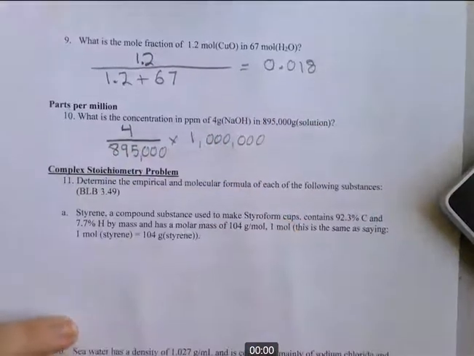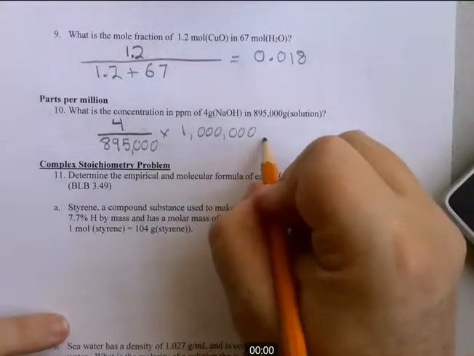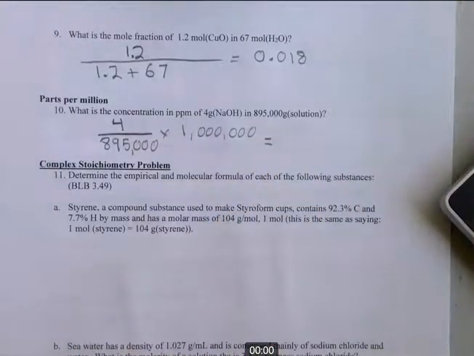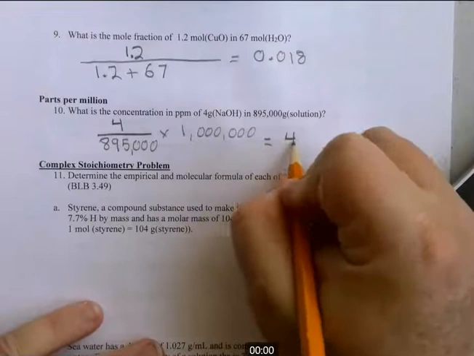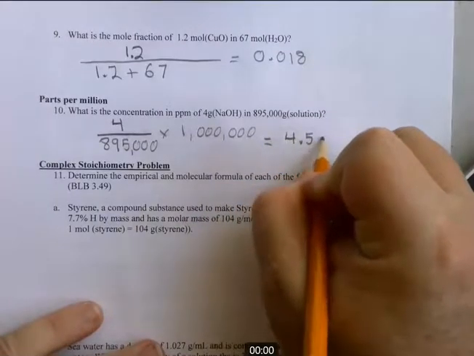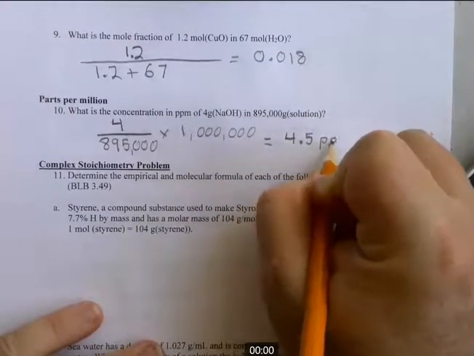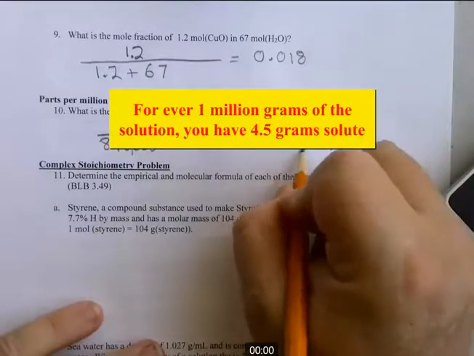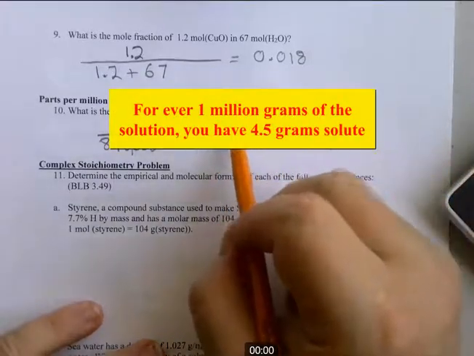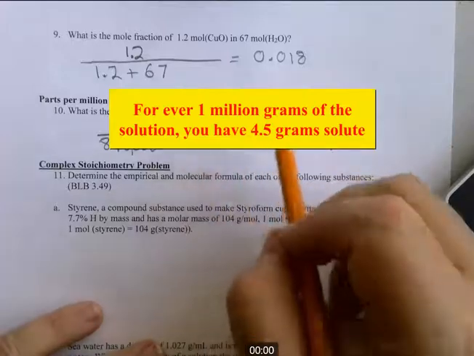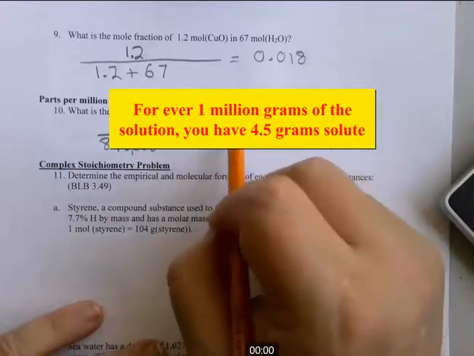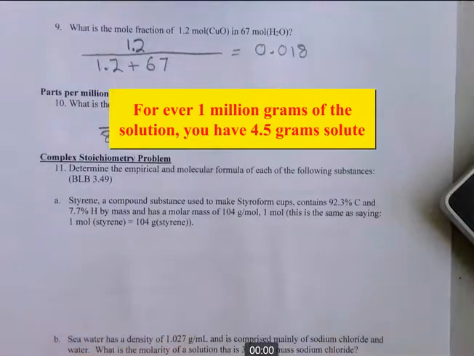Again, commas are just a way to make the number more readable. It doesn't change the value of the number. And what you get is 4.5 parts per million. So for every million molecules of the solution, you have 4.5, not really molecules, it's going to be in a compound, but particles of NaOH. Okay? All right.